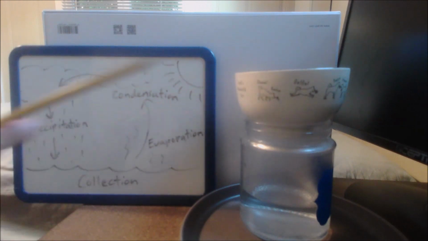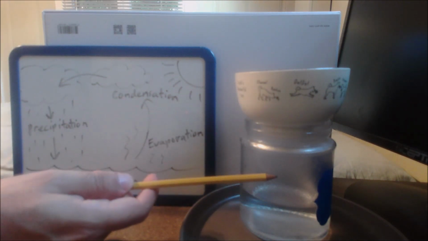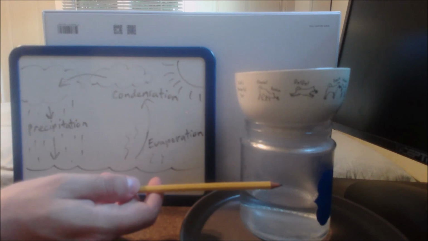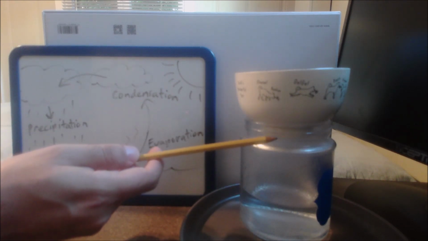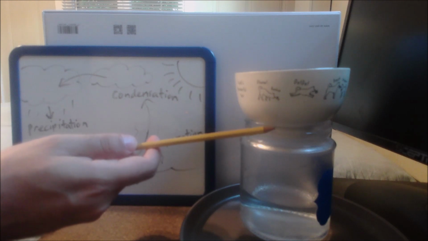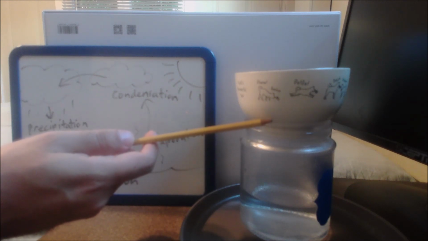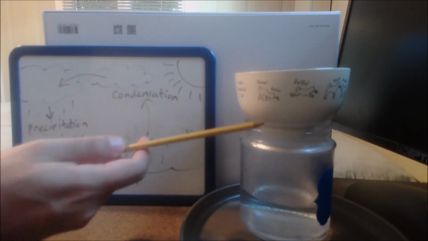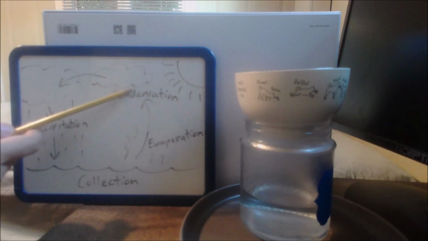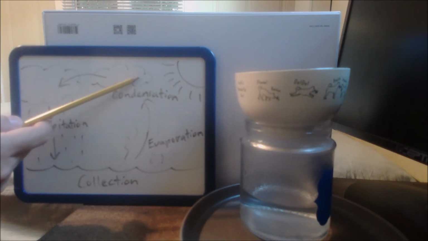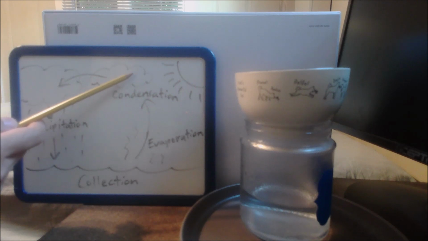However, when I put the bowl of ice on top of it, let's remember that those molecules of water, the water vapor, is rising up, and now it's starting to touch or make contact with the cold bottom of the bowl here. And remember what happened when the water vapor rose up into the sky and it started to get very cold as it got too high up in the sky.